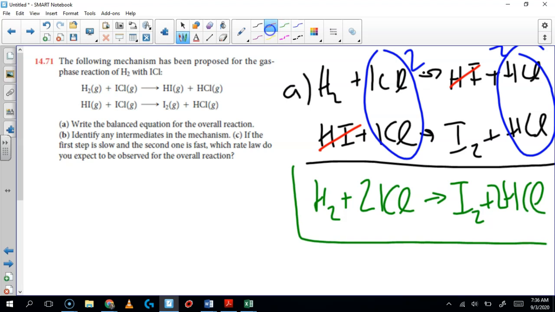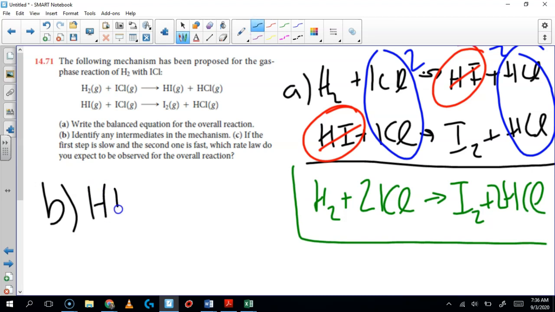So if we look here for part B, we do have HI on this side, and then it gets canceled out over here. That's how you can tell if it's an intermediate. So the intermediate, there's only one, and that's HI.